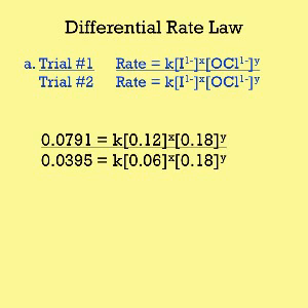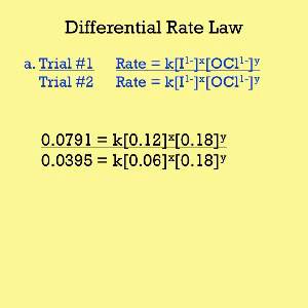So again, our rate law expression is rate equals K times [I⁻] to the X times [OCl⁻] to the Y. I plug in what I know, and for trial 1 I have 0.0791 equals K times 0.12 to the X times 0.18 to the Y over 0.0395 equals K times 0.06 to the X times 0.18 to the Y. Well, this becomes actually not a bad problem.